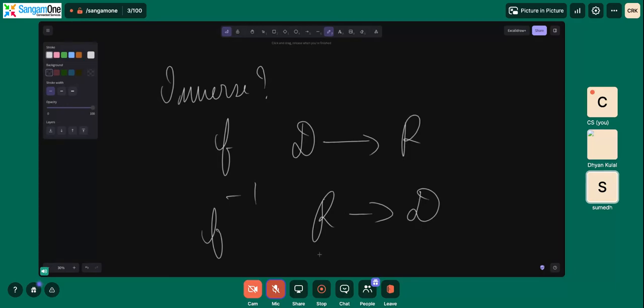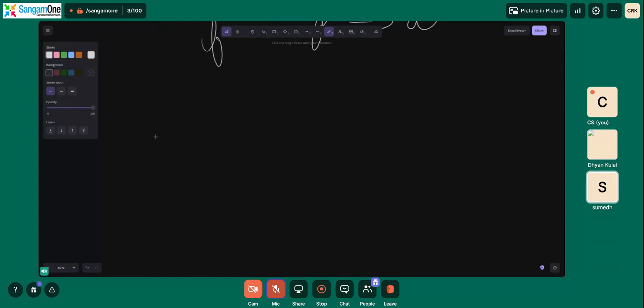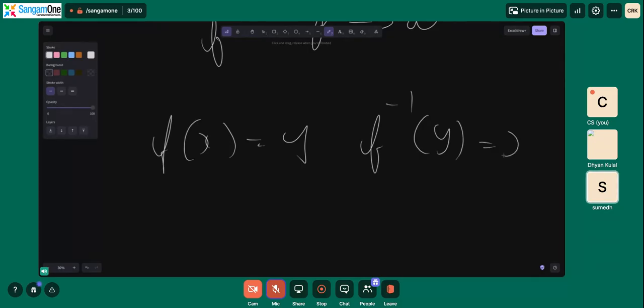So inverse is the opposite of the function. Is it clear? So if f of x equal to y, then f inverse of y will be equal to x.